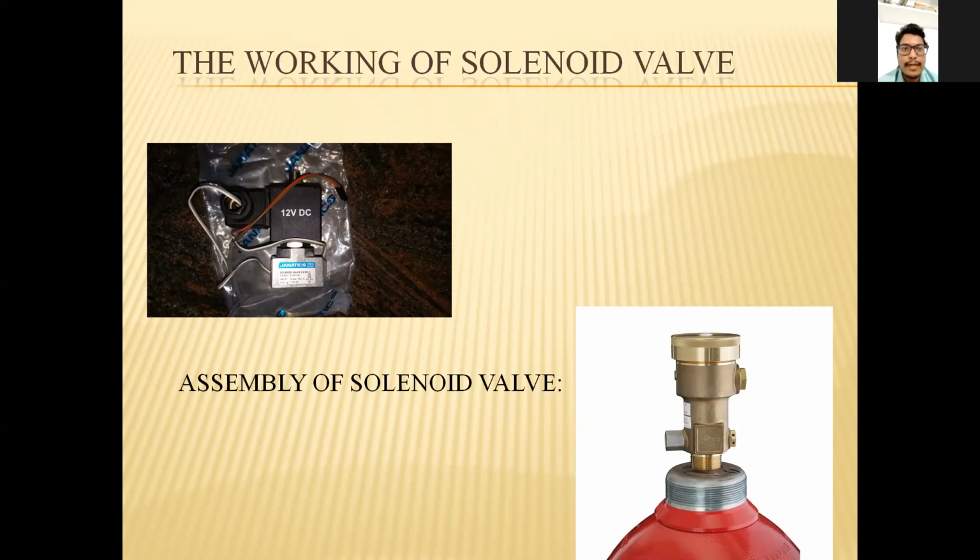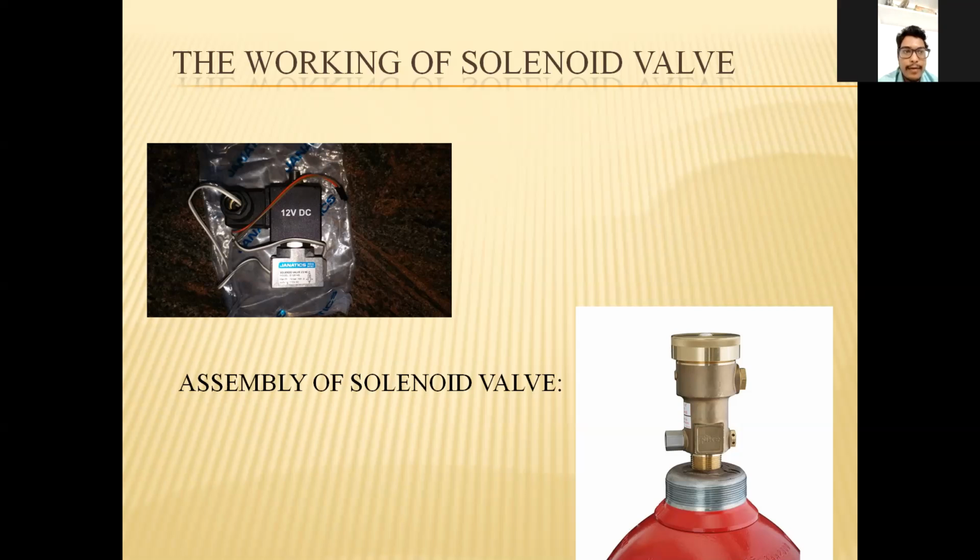when we start supplying the current to the coil, then the coil gets energized, and inside the cylinder armature, the plunger and spring arrangement is there. When the coil gets energized, the plunger is pushed to the outside, so the solenoid valve is open, and the required amount of carbon dioxide gas then passes into the solenoid valve and enters into the incubator chamber.